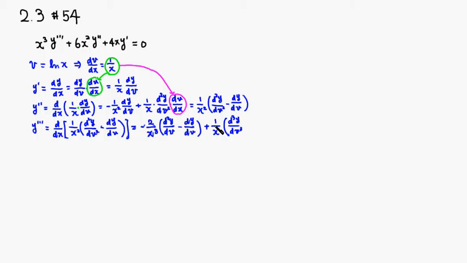It used to be 1 over x squared, so I'm going to turn it into 1 over x cubed, so that 1 over x is incorporated there. Same thing with the derivative of this guy: a minus the second derivative of y with respect to v, where dv over dx is already incorporated. Then if you want to clean up, 1 over x cubed is in common, so I'll pull that out.